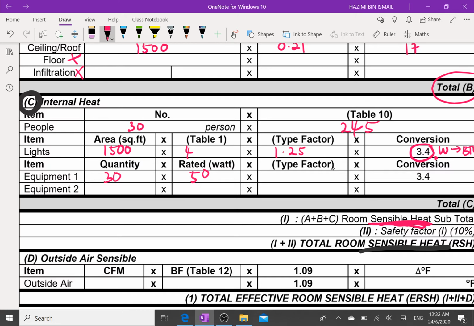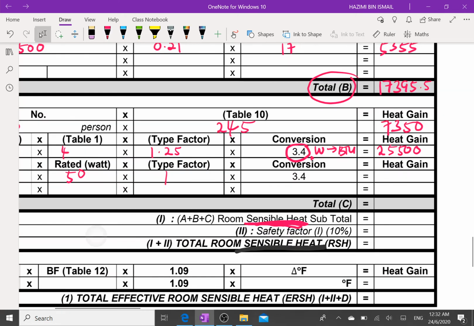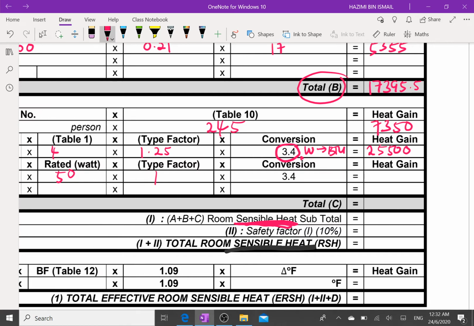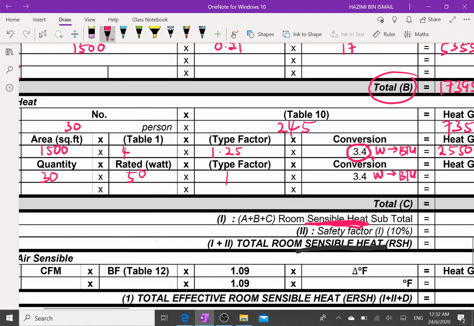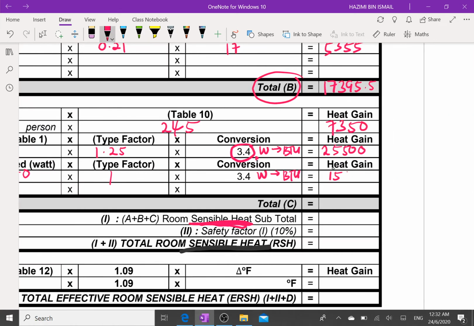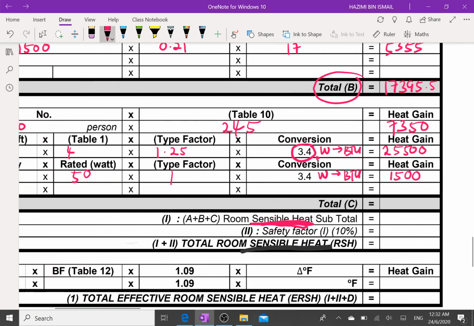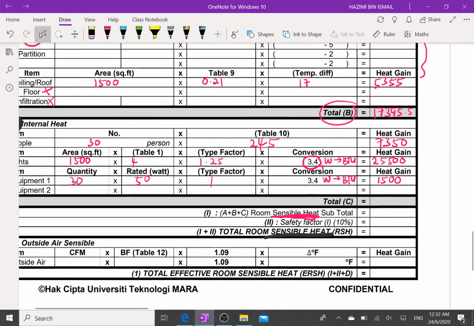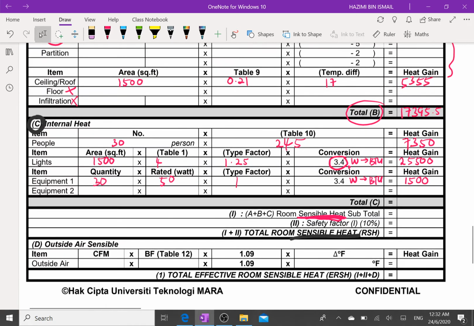Okay, 30 times 50 times 1 times 3.4. Once again, 3.4 is the conversion constant to convert watt into BTU. So 30 times 50, you will get 1500 BTU. Okay, so we almost done this internal heat.